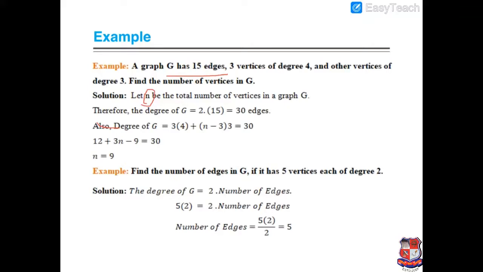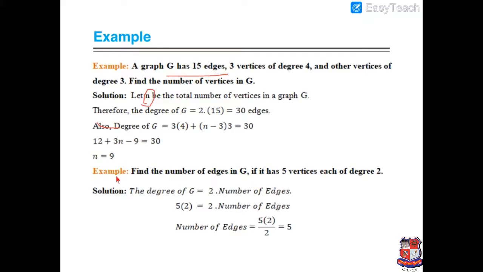So n minus 3 vertices are of degree 3, therefore n minus 3 into 3 is equal to twice the number of edges, which is equal to 30. So after simplification, we get that n is equal to 9. Therefore, there are 9 vertices in the given graph G.